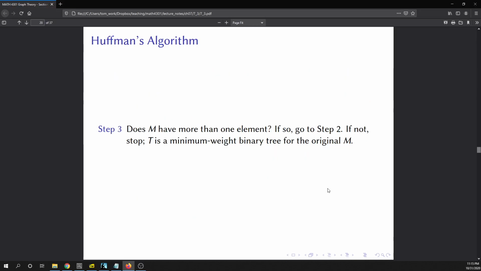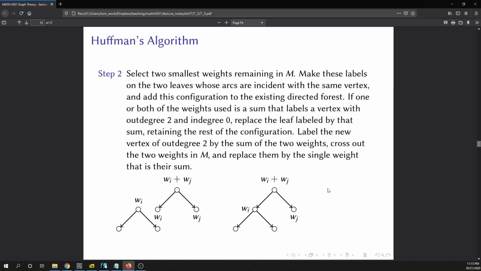Then the third step is to check: is there still more than one element in the multiset? If so, you go back to step 2, and if not, then there is a minimum weight binary tree for the original multiset.